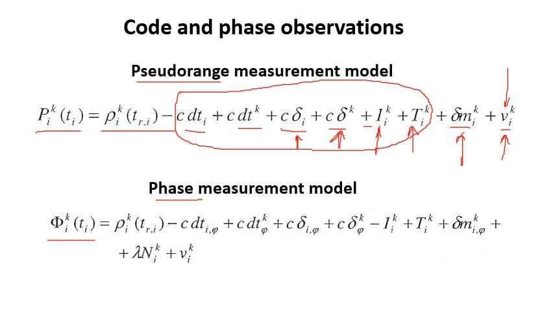As you can see, there is also an index denoted by lowercase phi, which is the indication for the phase measurement, and the receiver clock phase measurement, satellite clock phase measurement, receiver clock hardware delay, satellite clock hardware delay, etc. And the first difference here is that the ionosphere term is included with a minus sign, not positive here.